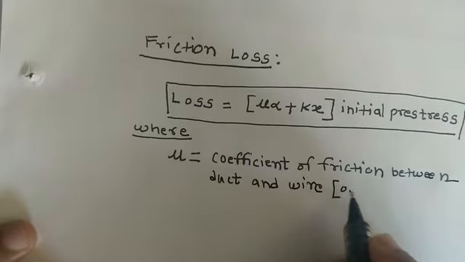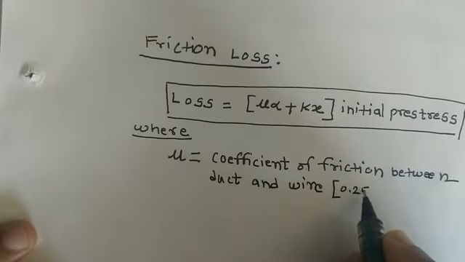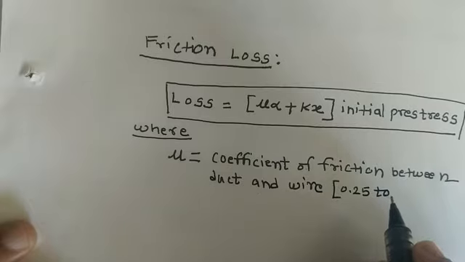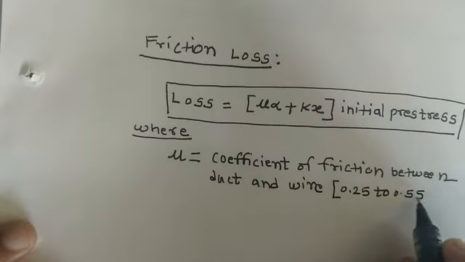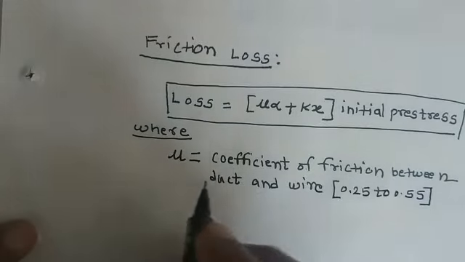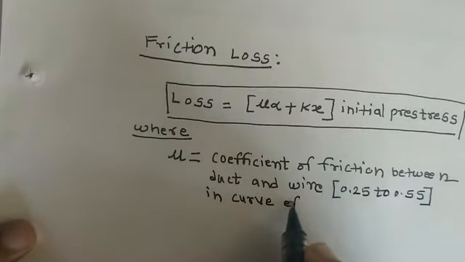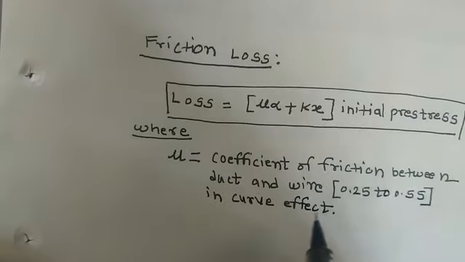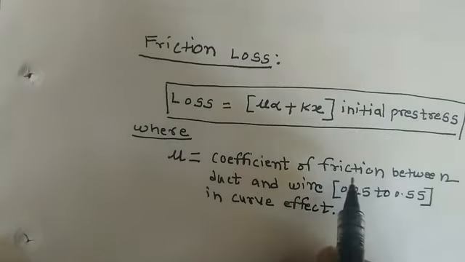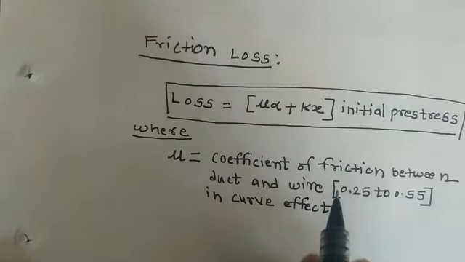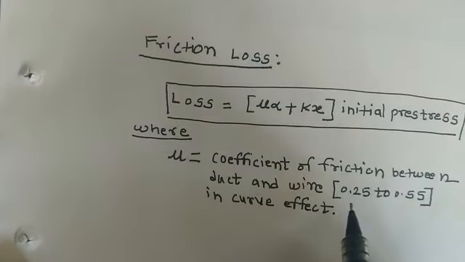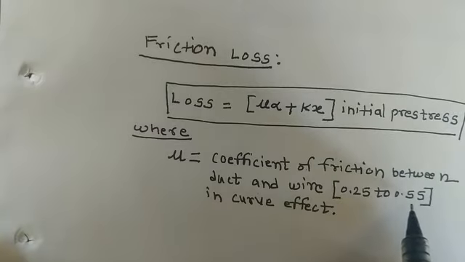Generally, this value is varying between 0.25 to 0.55 in curve effect. If the coefficient of friction is not given in the problem, you have to use the value of mu from 0.25 to 0.55.